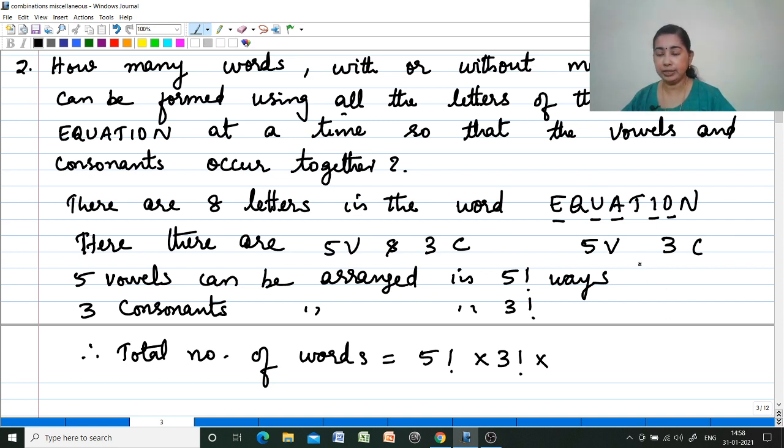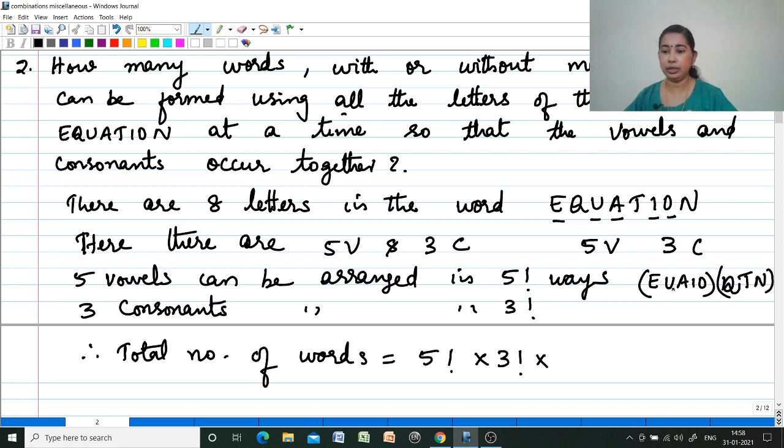So here, the vowels are E, U, A, I, O, and the remaining consonants are Q, T and N. First we take this group as a single unit and this group as a single unit. So two objects are there, and we can arrange these two in 2P2 ways. Then in between these vowels there is an arrangement that can be written in 5 factorial ways, and the 3 consonants can be arranged in 3 factorial ways.